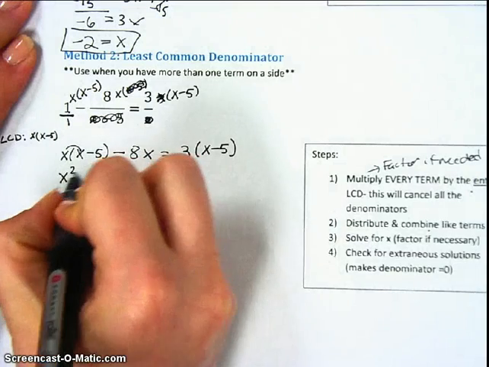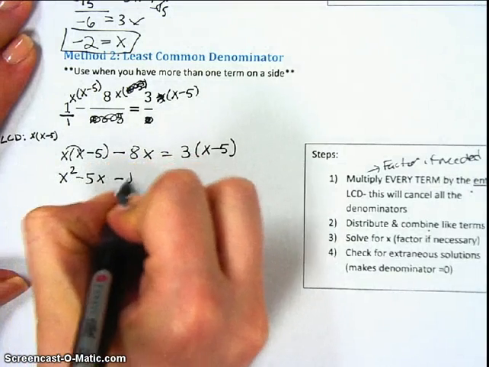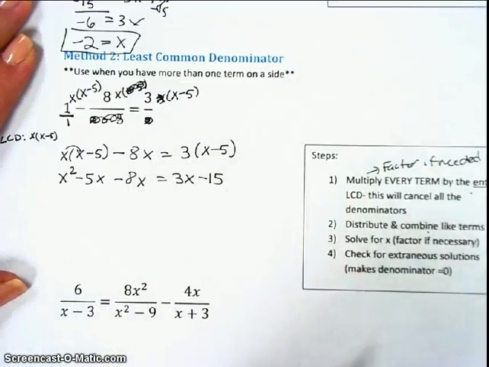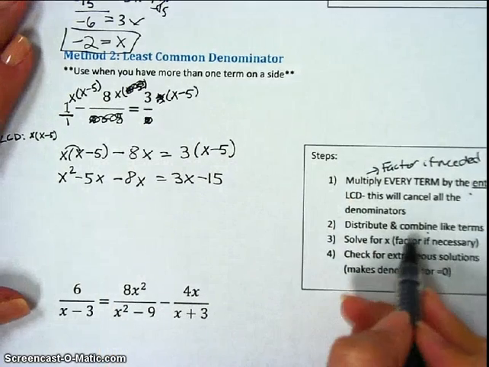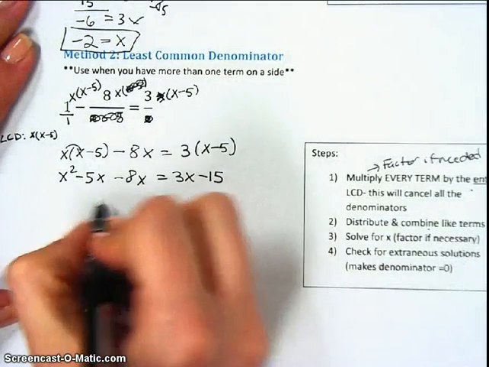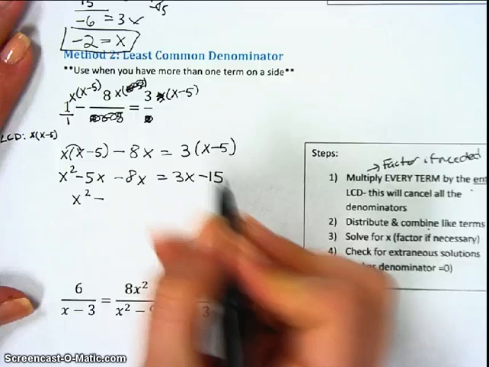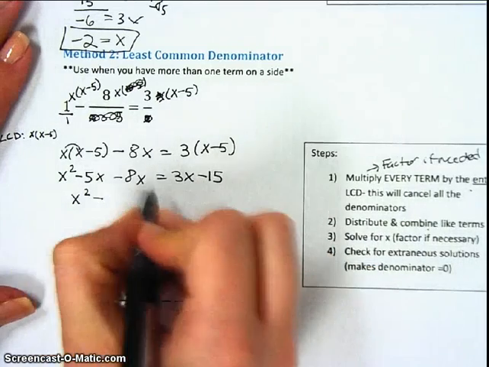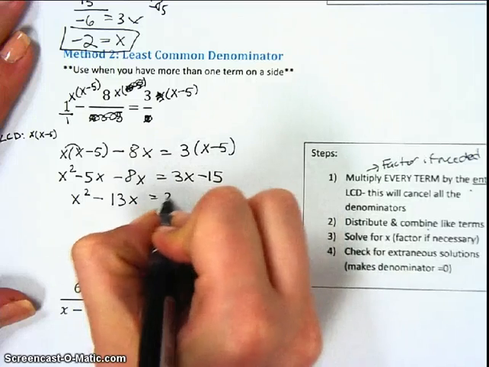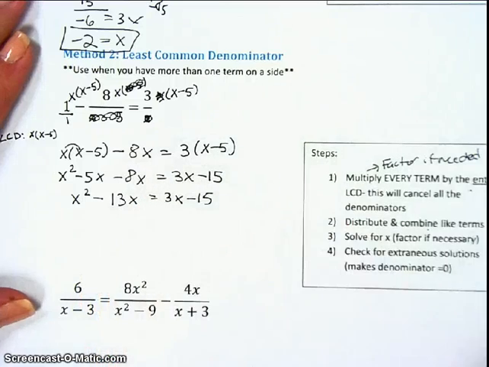So x squared minus 5x minus 8x equals 3x minus 15. Distributing that. Combine like terms. So we've got x squared minus 8 and 5 make 13, so minus 13x equals 3x minus 15.